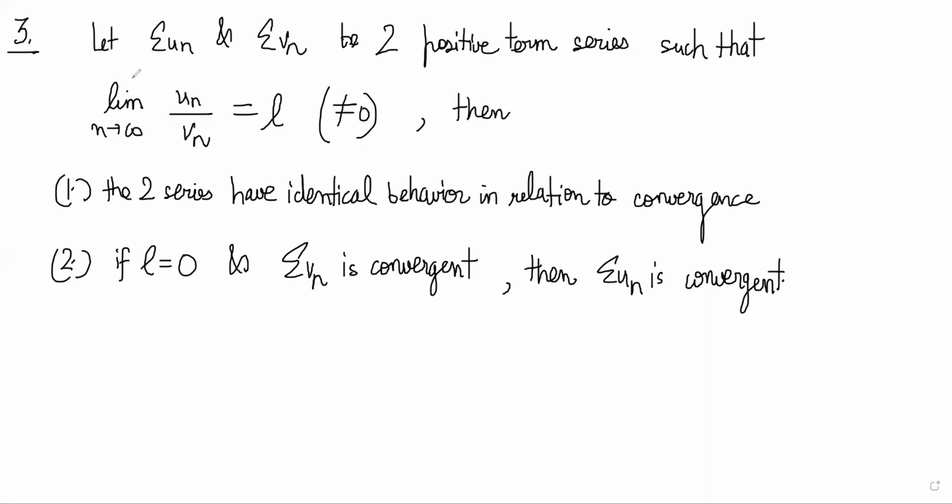It is saying find out the limit as n tends to infinity of the nth term Un by Vn. If the limit is finite and non-zero, then the two series have identical behavior. So either both will converge or both will diverge.